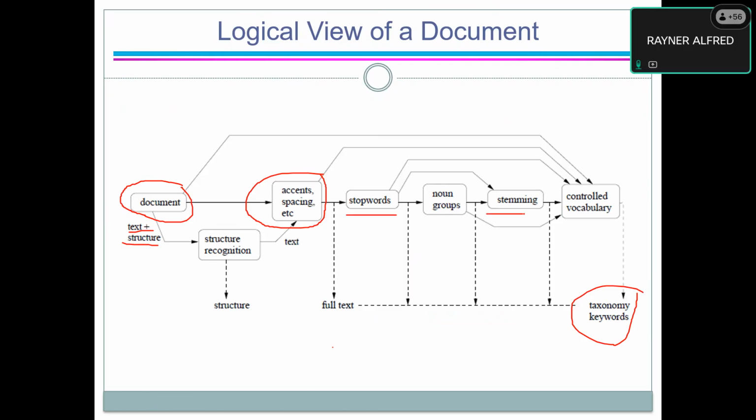We can perform the stemming. And when we have the controlled vocabulary, these are all the remaining terms. So we can set the size of the text, what is the optimum size, and what is the threshold for the entropy. By doing that, we can reduce the number of indexes that we have here.